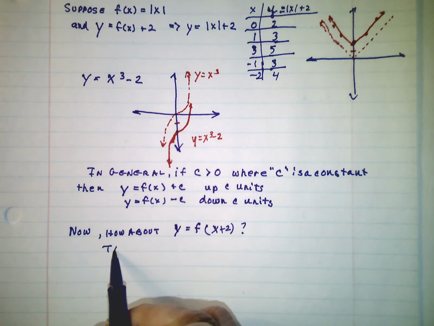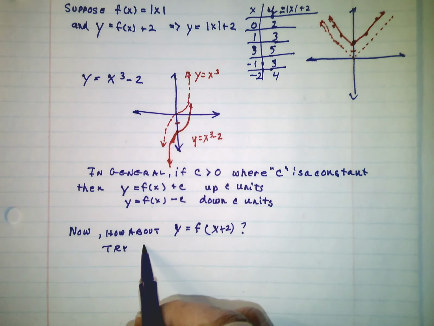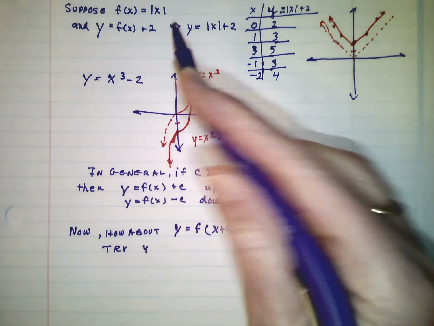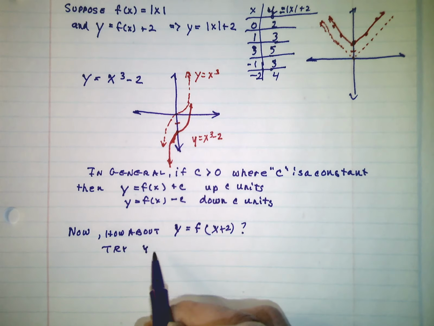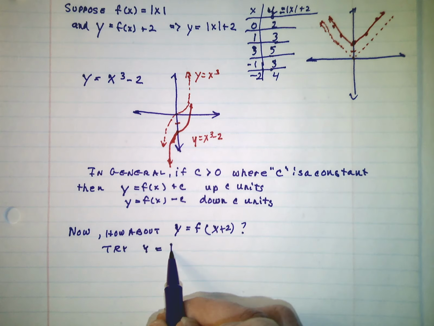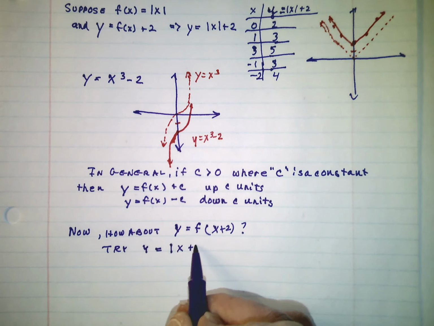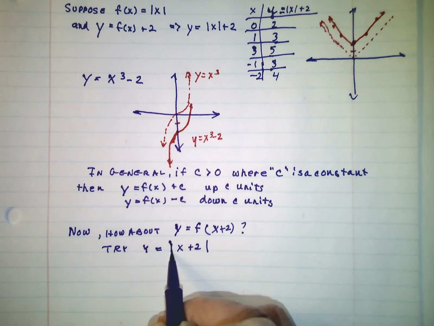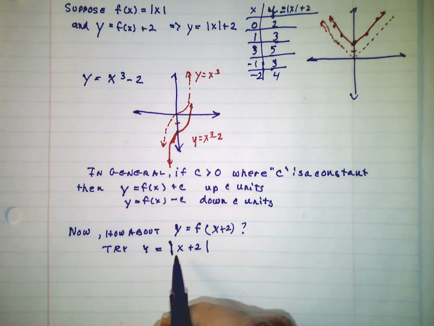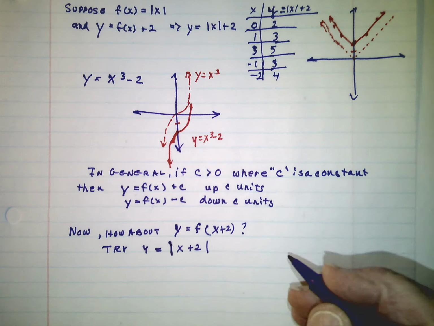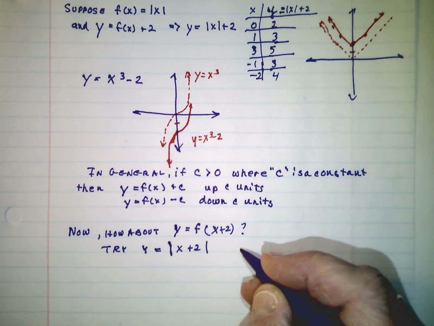Well, let's try it. We did it up here with absolute value, so let's try it with absolute value, where the 2 is with the x inside the bars, one of these inside functions. And we'll make a little table.